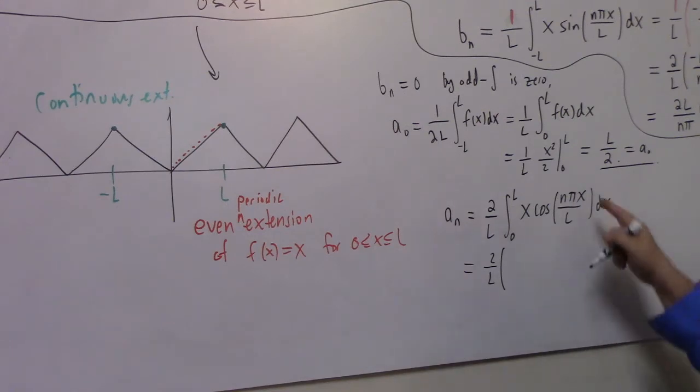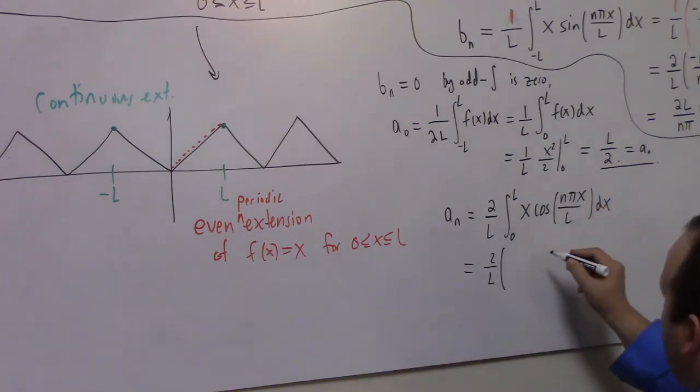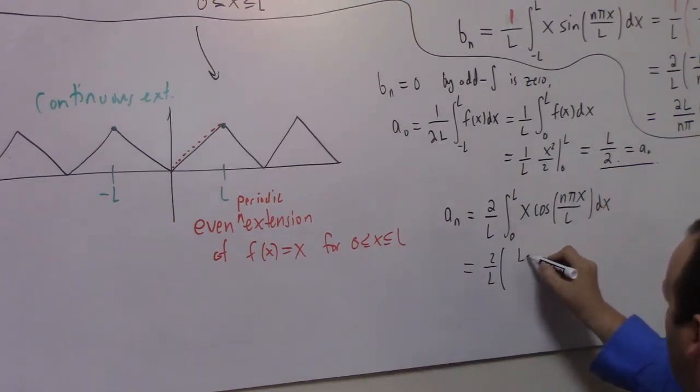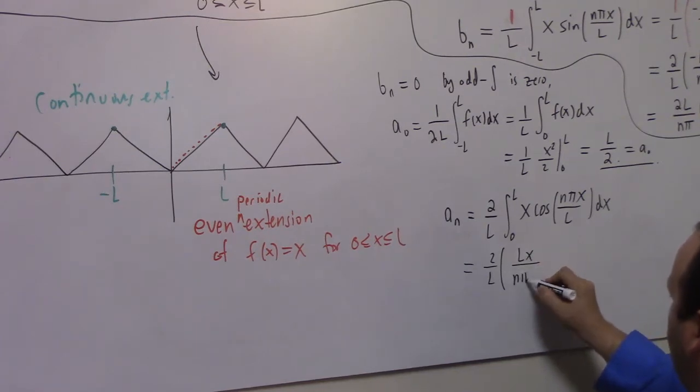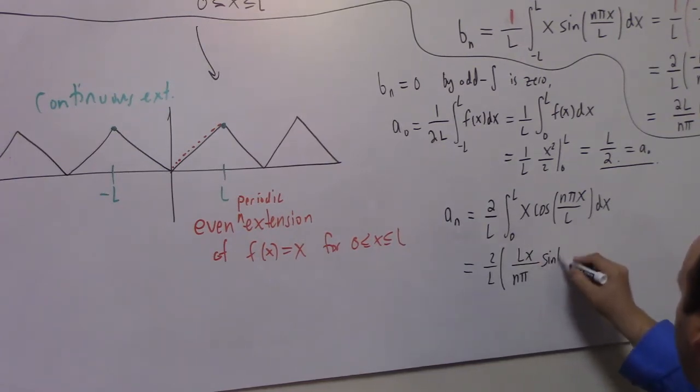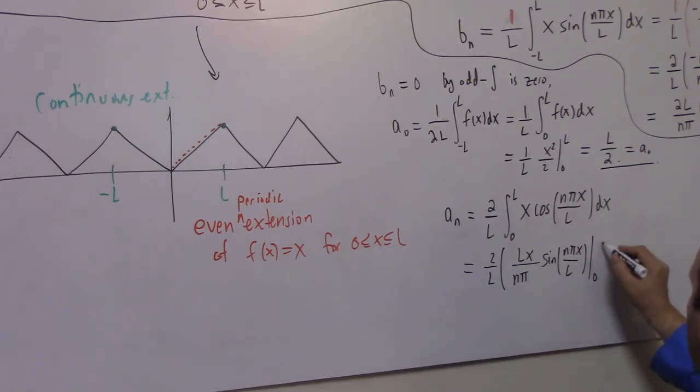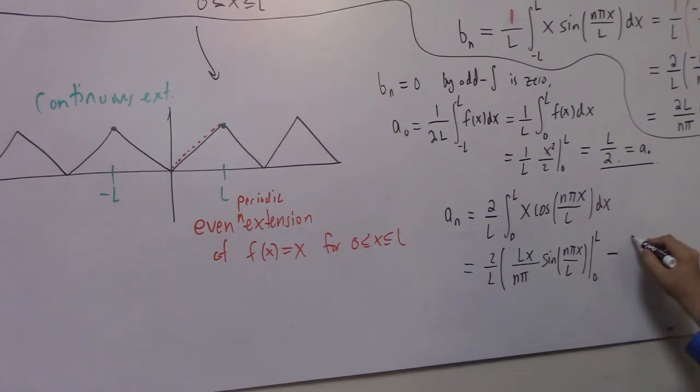Integrating reciprocates the argument of the cosine, right? So we get Lx over n pi sine n pi x over L, evaluated from 0 to L. Hardly worth quibbling over though, because that's 0, minus L over n pi, the integral of sine n pi x over L dx, 0 to L.